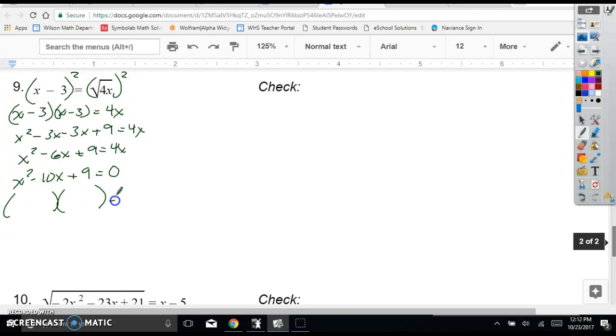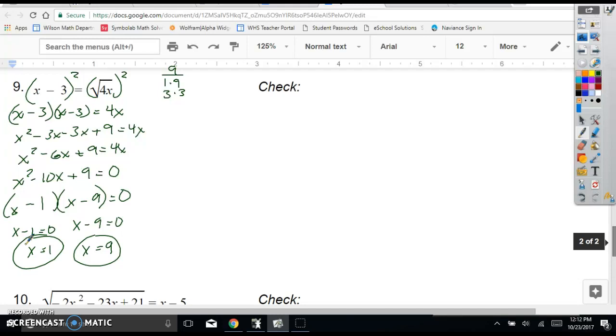Now, since my leading coefficient is 1, I can go ahead and put my x's in. Minus plus is minus minus. And we're doing our factors that multiply to be 9. So which pair make 10? That would be 1 and 9. So x minus 1 equals 0. x minus 9 equals 0. So this is x is 1. And this is x is 9.